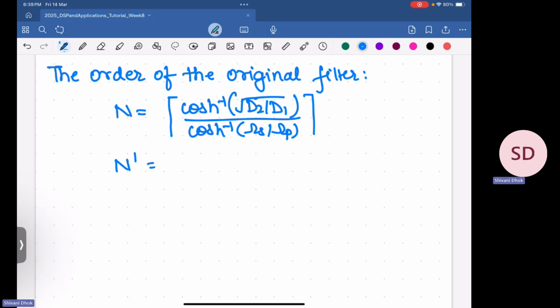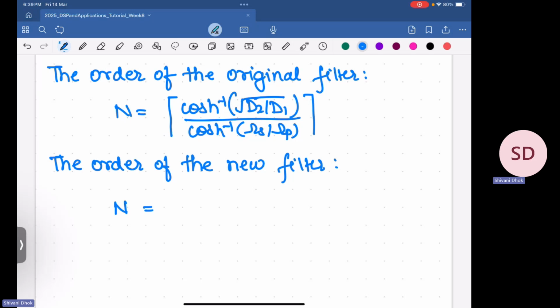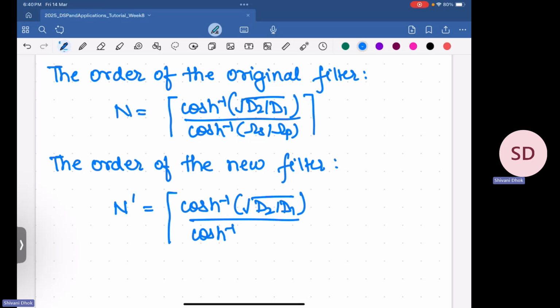and n prime is given by, or let me write it properly, the order of the new filter is given by n prime as ceil of cosh inverse of under root of d2 by d1 upon cosh inverse of omega s by omega p.